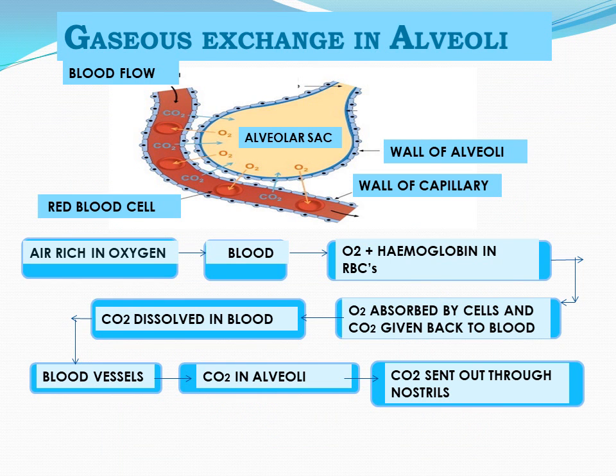Now see, exchange of gases in alveoli. As we have already discussed, alveoli are the site for exchange of gases. So this is the portion showing where exchange of gases occurs. Now see, as soon as air reaches this alveolar sac, I have already explained that inhaled air ultimately reaches the alveolar sac.